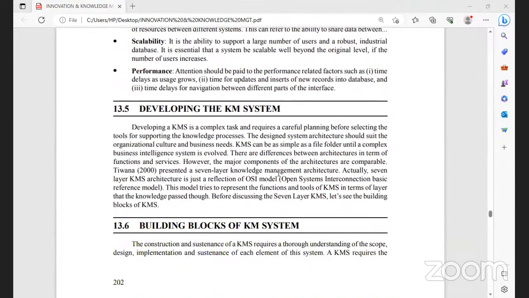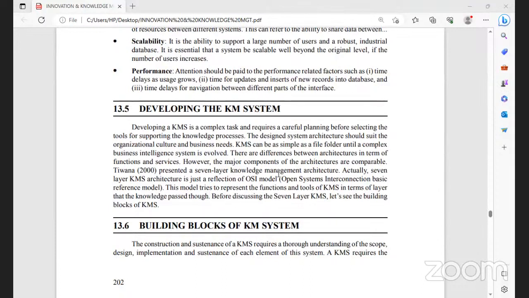Developing the knowledge management system. Developing a knowledge management system is a complex task and requires careful planning before selecting the tools for supporting the knowledge processes. The design system architecture should suit the organizational culture and business needs. A knowledge management system can be as simple as a file folder or as complex as an evolved business intelligence system.